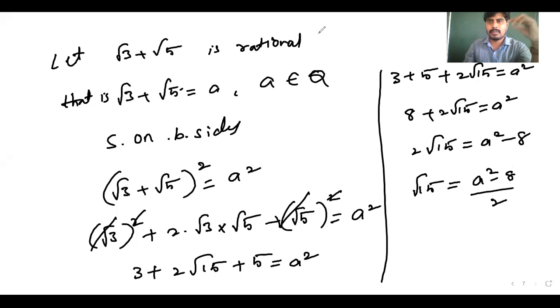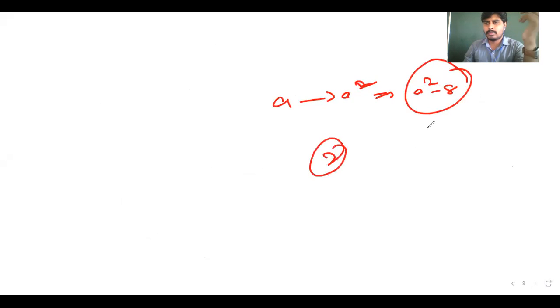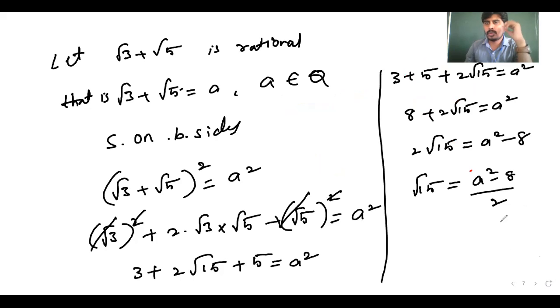As I told you in the previous case, a is a rational number, a square is also a rational number, right? And if you subtract 8 from a square, it is also a rational number, isn't it? 2 is a rational number, isn't it, Nana? Clear? So a square minus 8 by 2 is also a rational number.